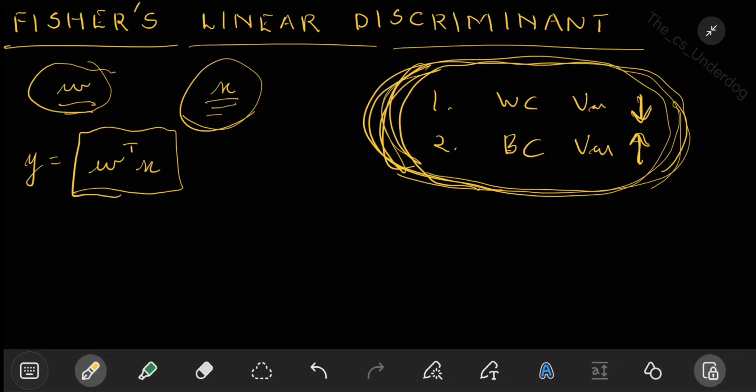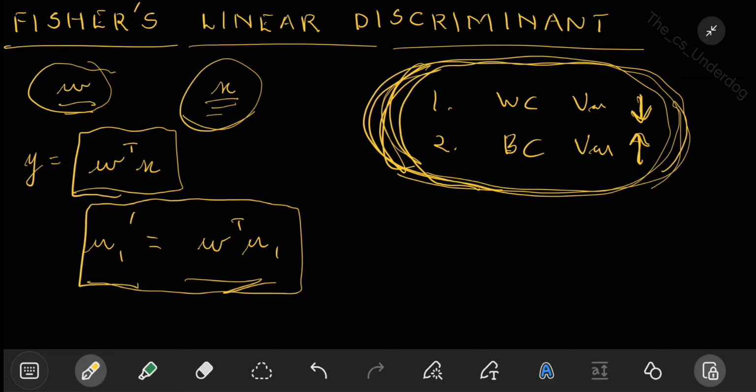That is, if you are projecting, instead of mu1, you have mu1 dash, which will be W transpose mu1, because you are projecting mu onto W. Similarly, for mu2, if you project onto W, you get mu2 dash equals W transpose mu2.